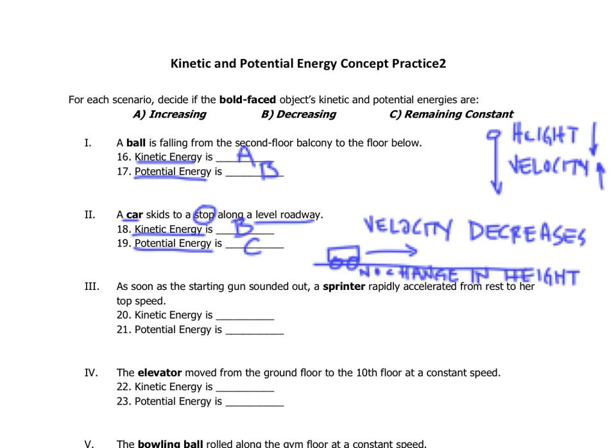Okay? So ask yourself these types of things. Try to maybe visualize or draw out the scenario to help you understand it, and identify if the energies that are listed are increasing, decreasing, or remaining constant. So your objective for today is to complete the remaining questions on page 5, turn over to page 6, and complete all the questions on page 6.